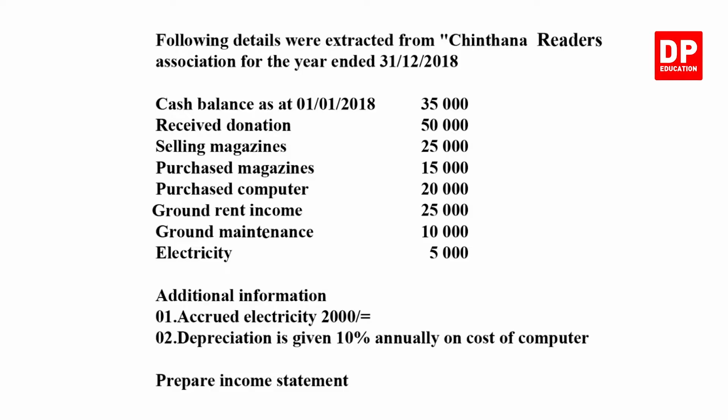You can see the question in the slide. Following details were extracted from Chintana Readers Association for the year ended 31st December 2018. Cash balance as at 1st of January 2018, 35,000. Received donation 50,000. Selling magazines 25,000.